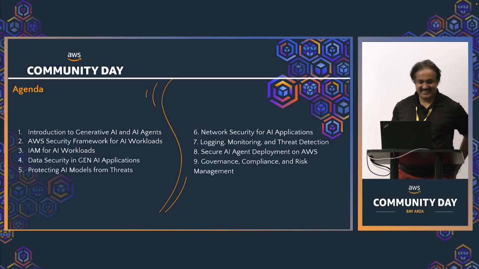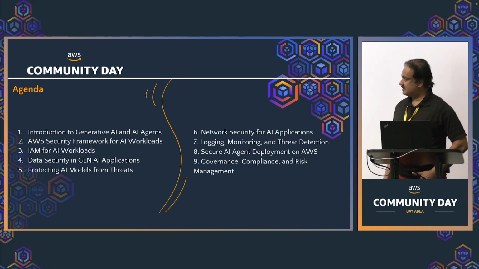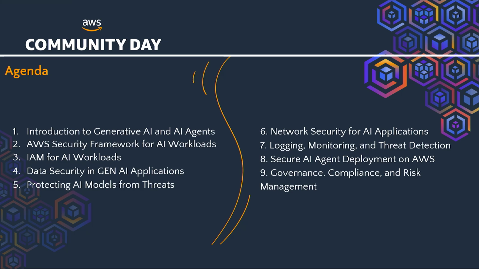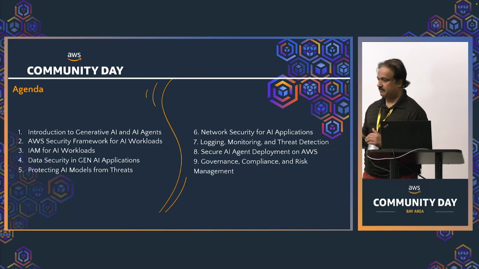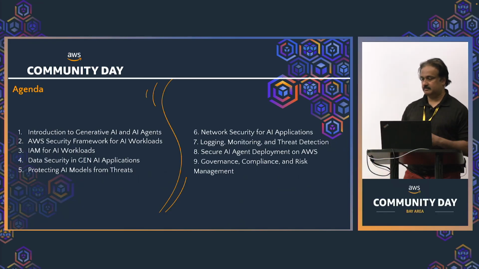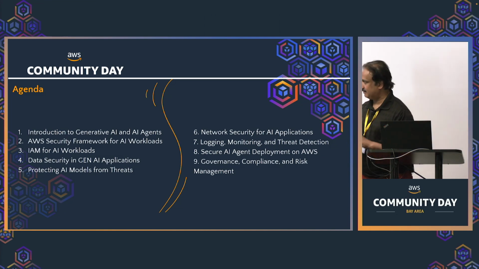Yeah. So this is the agenda for today. We will take a quick look at Gen AI and AI agents, and what kind of services are used on AWS to build those. Just informational to bring everybody on the same page. And then we will look into the AWS security framework for AI workloads, the shared responsibility model.